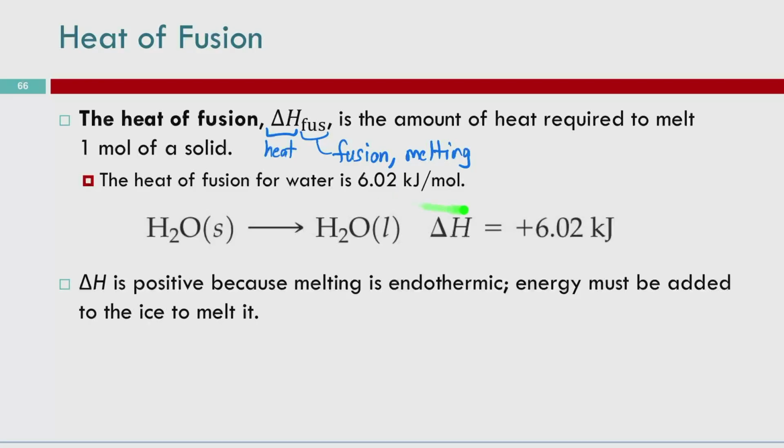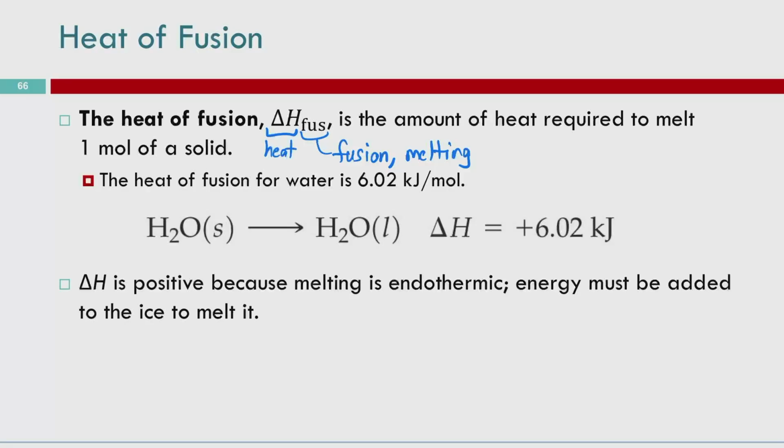So the heat of fusion for water, the amount of energy that water takes to melt, is 6.02 kilojoules per mole. If you remember from our calorimetry experiment, some of you had an amount of heat that was transferred from your boiling hot metal to 50 grams of water that was like 1,500, 2,000 joules. So that's like a third of what we would need to melt or freeze 1 mole of water, which is 18 grams, and we were using 50 grams of water.